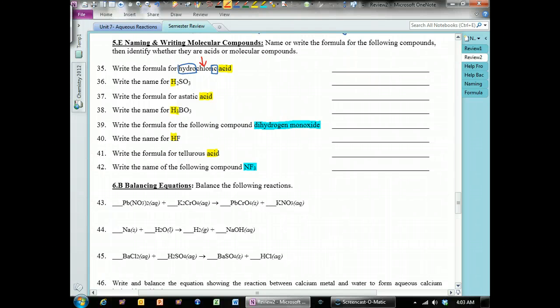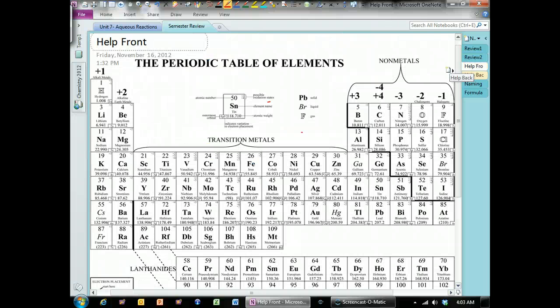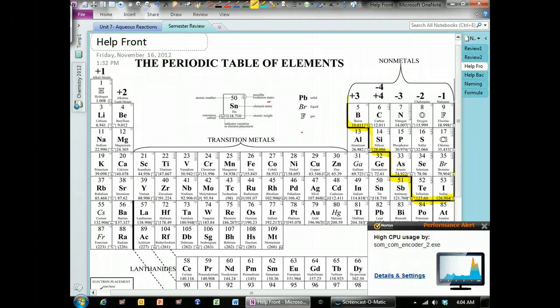So you have to figure out what element that is. You look in the nonmetal section of the periodic table for something that has chlor in it, and that is chlorine. And so you drop the last syllable.